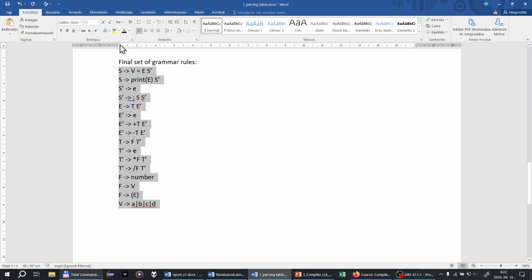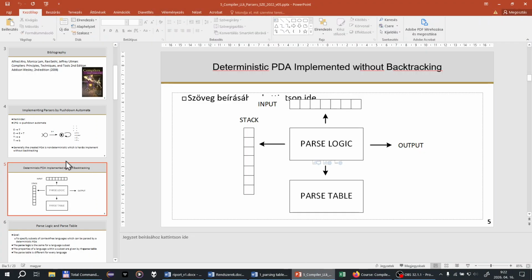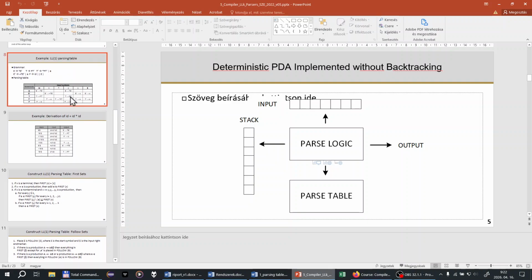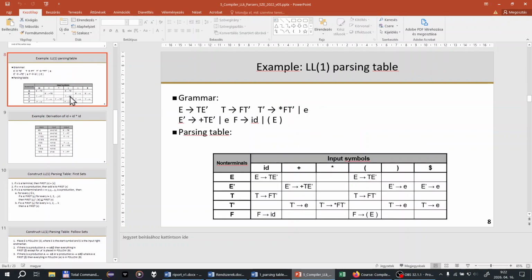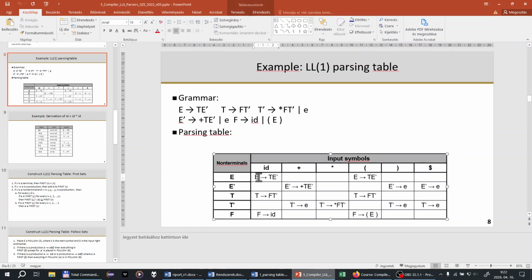And then we are going to set up this kind of parsing table. To prepare such a parsing table, we have to identify first sets and follow sets. First is to identify which symbols lead to the application of a certain grammar rule. And the follow sets are required when we have a rule like non-terminal to E, and in this case E is the empty string.